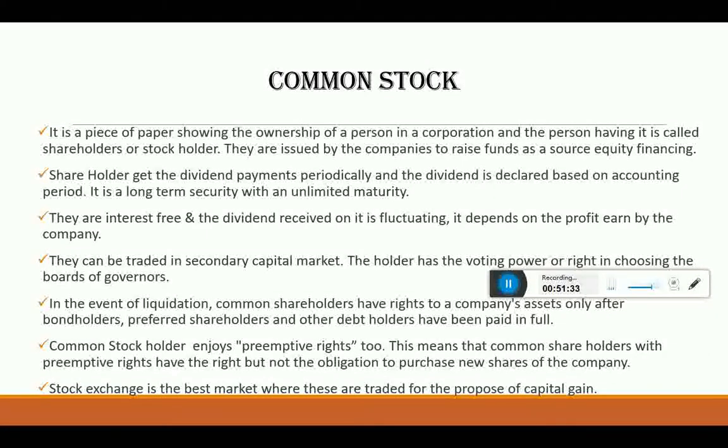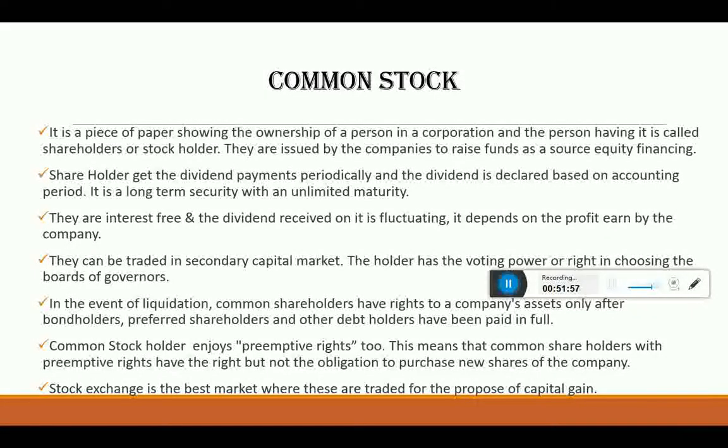What does preemptive right mean? It means that if the company wants to issue new shares, they'll be issued to others only if you are not willing to purchase. The first priority is the existing stockholder, so that's called the preemptive right.